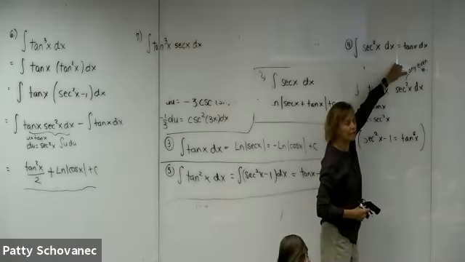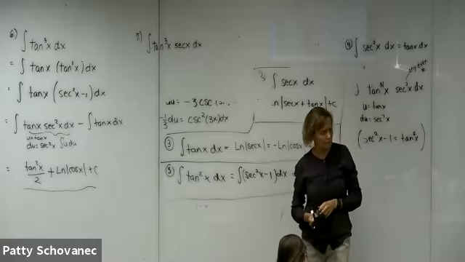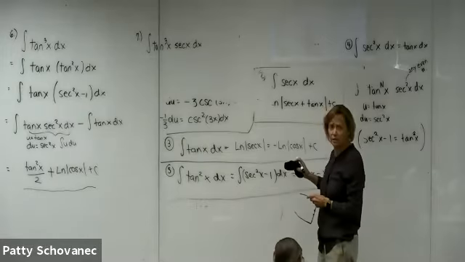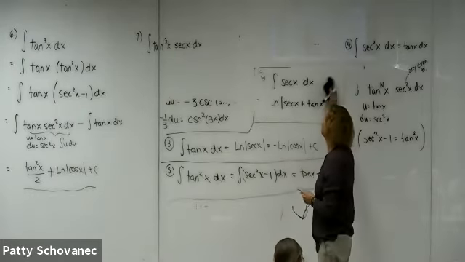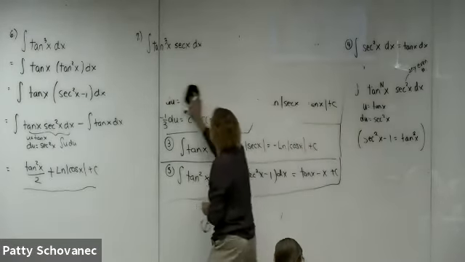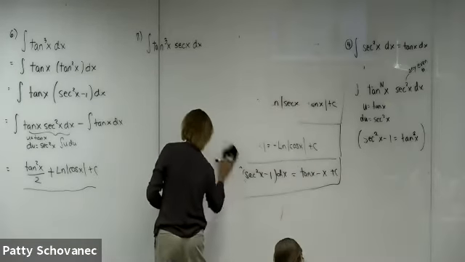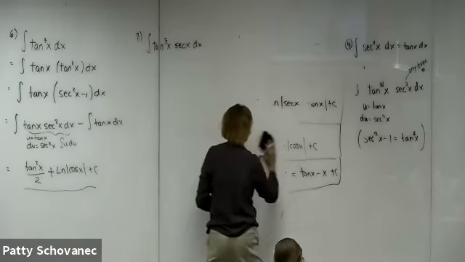My strategy now changes. Maybe. What do you think? And what's the derivative of secant? So I need a secant tangent in here. Pull out a secant tangent and write the rest in terms of secant.